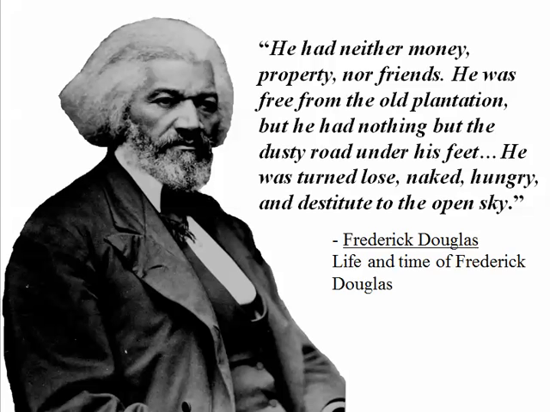He was free from the old plantation, but he had nothing but the dusty road under his feet. He was turned loose, naked, hungry, and destitute to the open sky. Very eloquently put, the situation that African Americans were in after they were released from bondage and during Reconstruction.